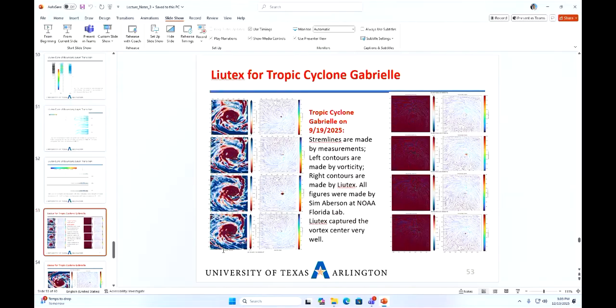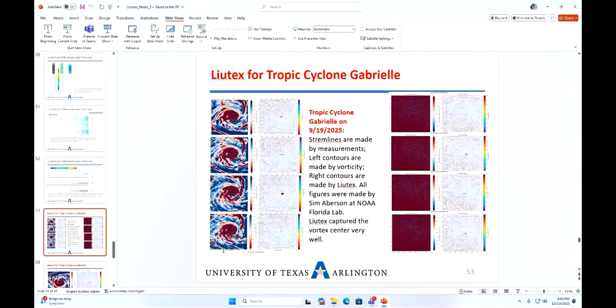Well, that's not strange. We see this in the newspaper, on the website, in the paper, but we never see this. This is Nutex. Well, with this we really don't know where the hurricane center is.